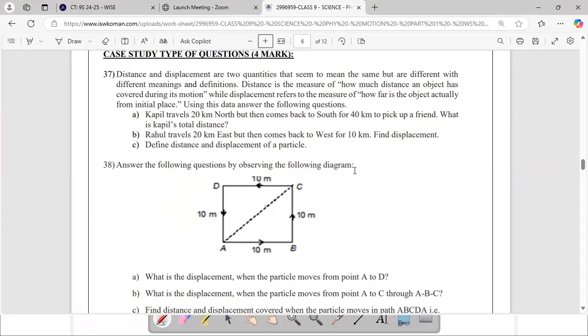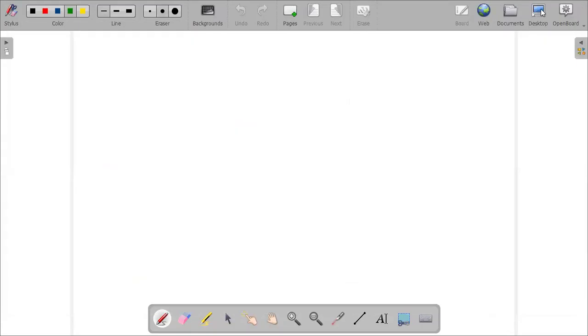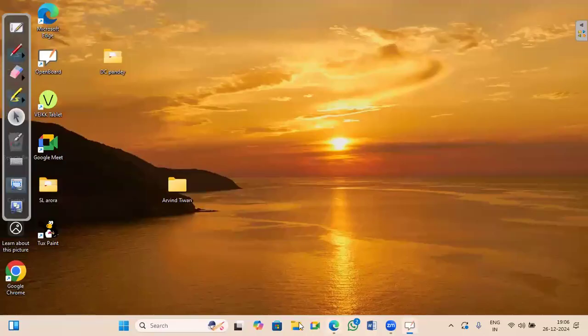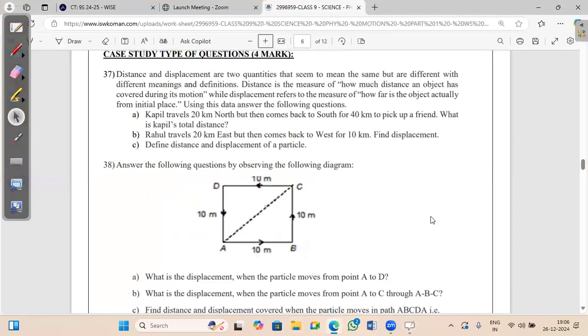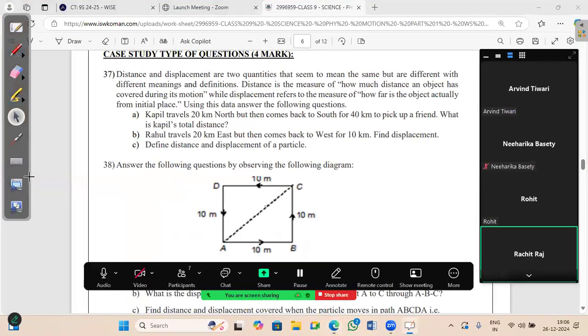Kapil travels 20 kilometer north, but then comes back to south for 40 kilometer to pick up a friend. All right. Is there anyone who has not understood? Yes, sir, I understood. Others, you understood? Sir, I understood as well. Okay, all right. So see, we'll do question 3, question B.